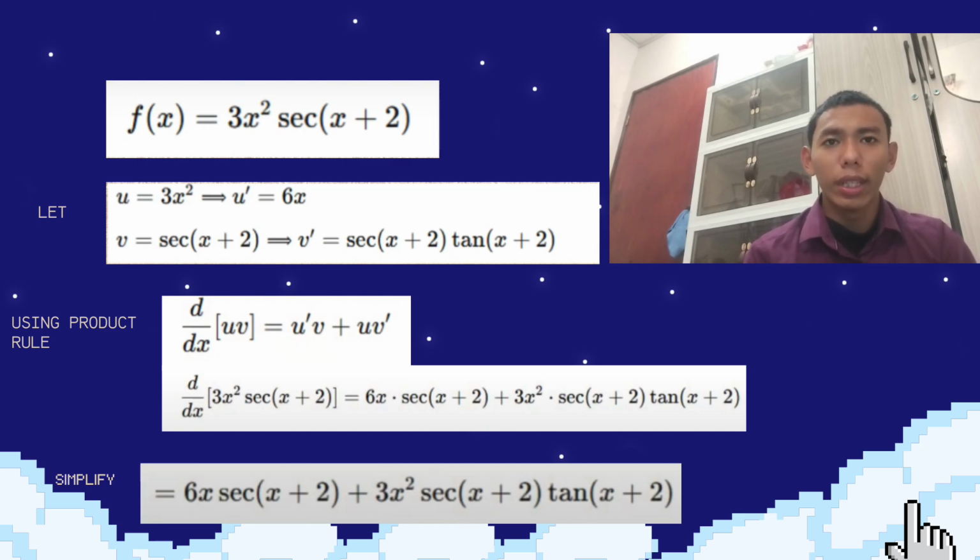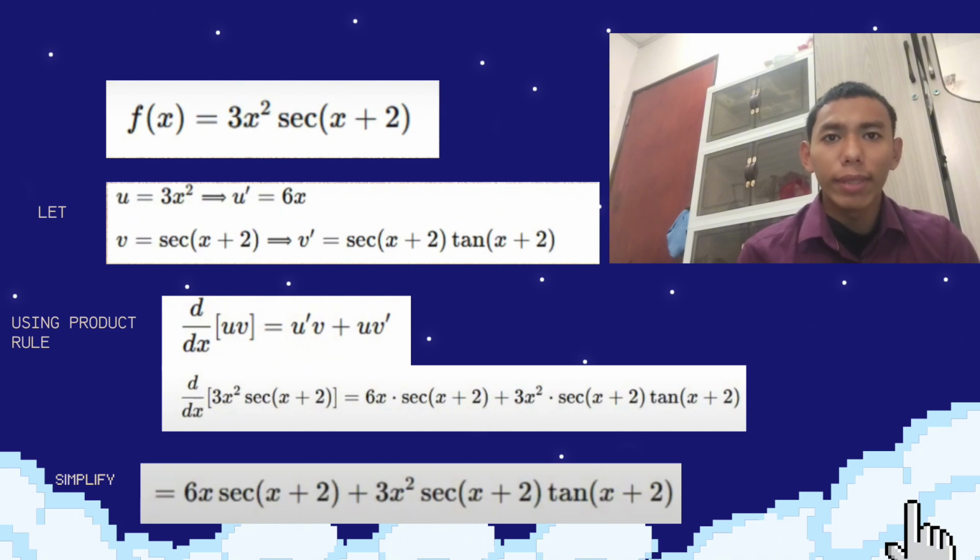And then after we identify the terms, we use the product rule, which is d/dx of (uv) equals u prime times v plus u times v prime.